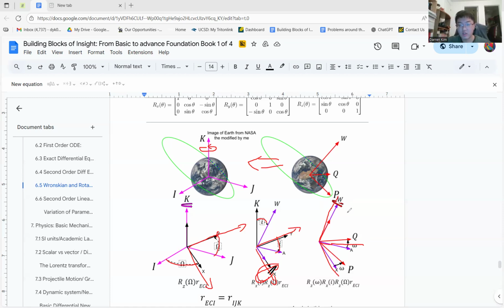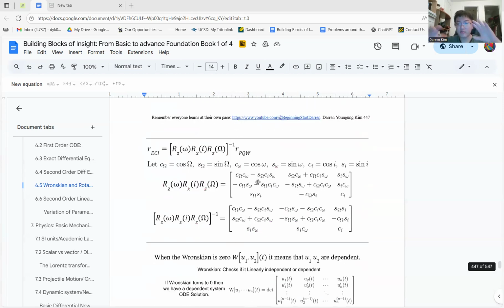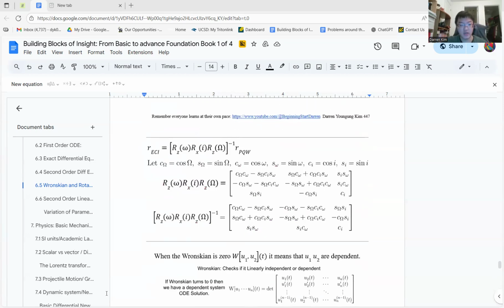So you rotate multiple times to get it to PQW to make certain things easier to calculate. That matrix is formed, and this is the formal way you can see it. I'm probably going to make one question on this because this is really hard.